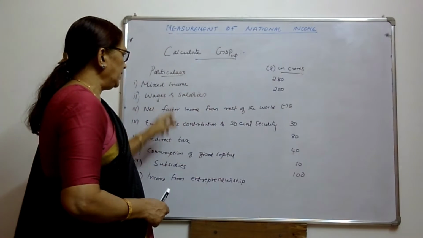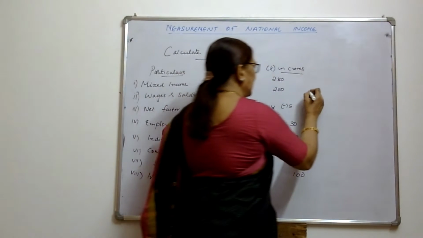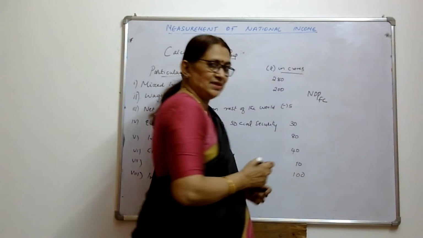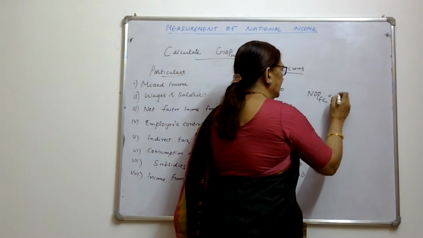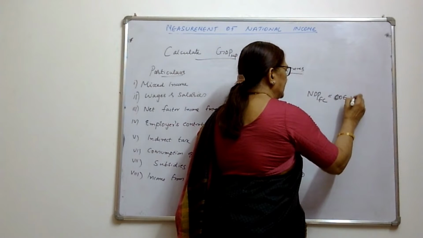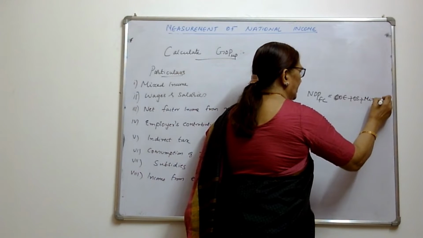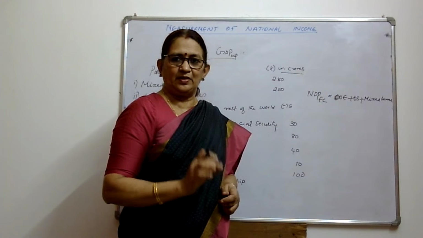According to the income method, in order to calculate domestic income, that is NDP at factor cost, domestic income is equal to compensation of employees plus operating surplus plus mixed income. We will get domestic income or NDP at factor cost.